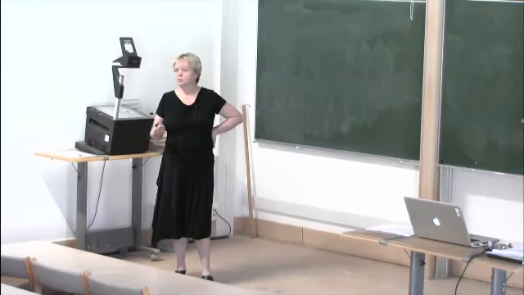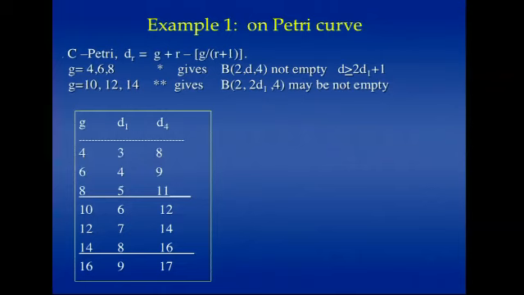So just to give you an intuition of what is happening, let's look at the Petri curve, so you will get a feeling for what it is. For a Petri curve, we actually know how to calculate the gonality. So for example, if genus is 4, 6, 8, this puts us in the first case and gives us a non-empty locus for D bigger than 2D1. And in here, if you calculate D1 and D4, this is the area where your D4 is smaller than twice D1.